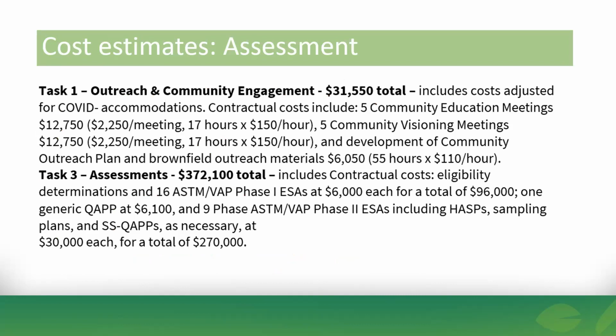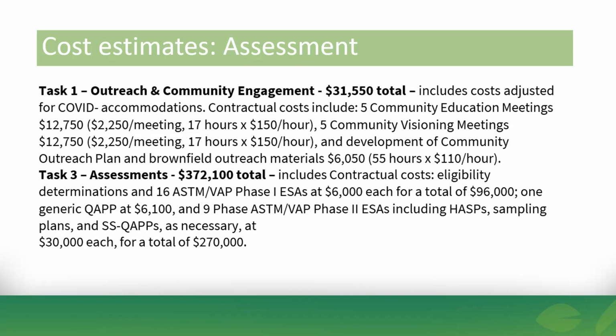Here's just an example of cost estimates. I thought it was pretty well written. How many community education meetings? How many visioning meetings? Development of community outreach plan. The $110 an hour, I believe, was the city rate.